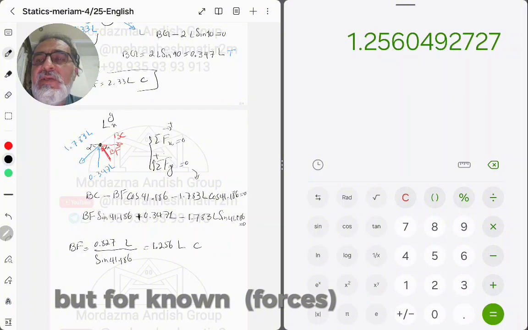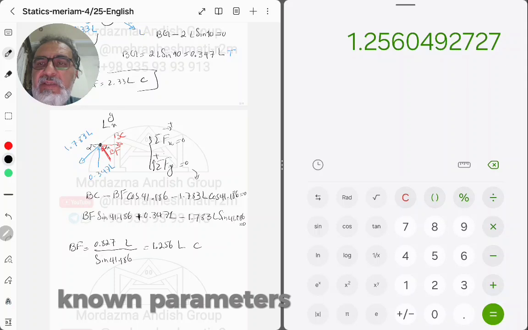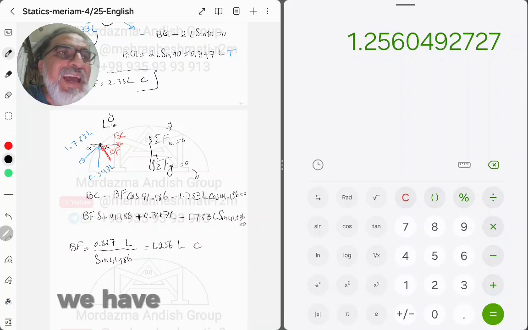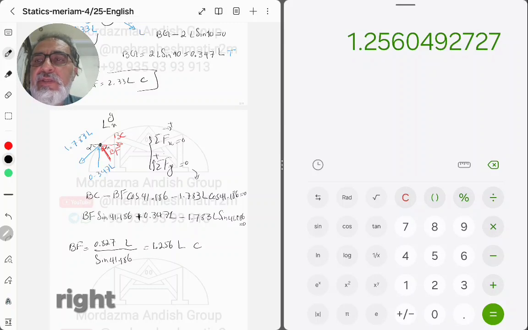But for known forces, please be careful about known amounts, known parameters, known forces. For known forces, we have to consider them in the free body diagram in the right direction.